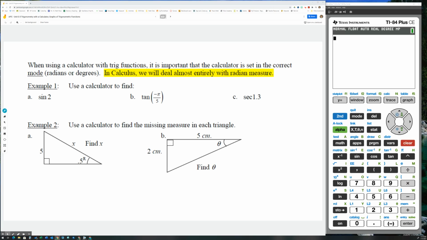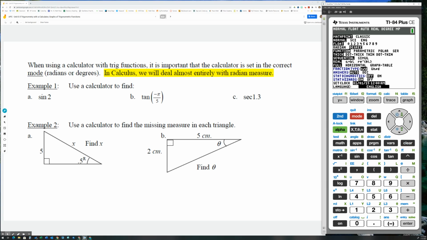In calculus, most of the time it's kept in radians, so it's probably a good idea to just go ahead and set your calculator to radians, and then change it to degrees if you come across something that needs it. To change it to radians, press the mode button, and that'll bring up your menu settings.